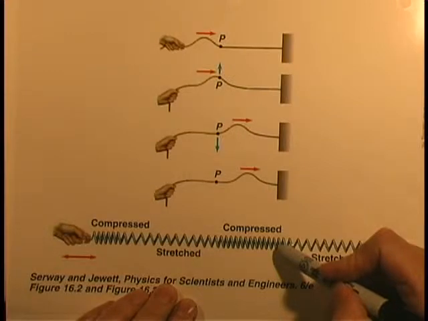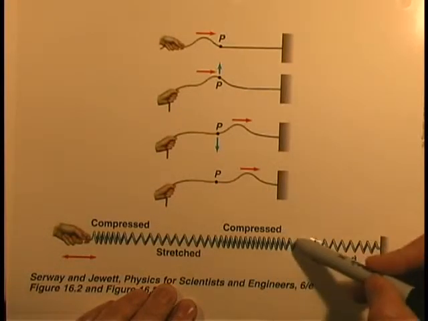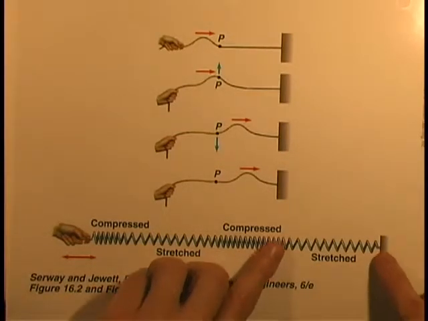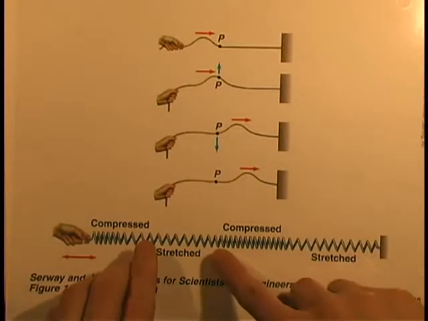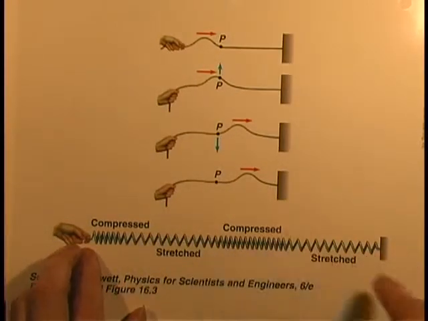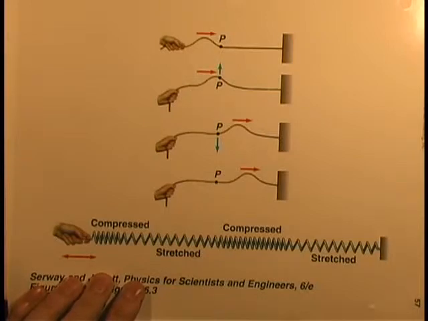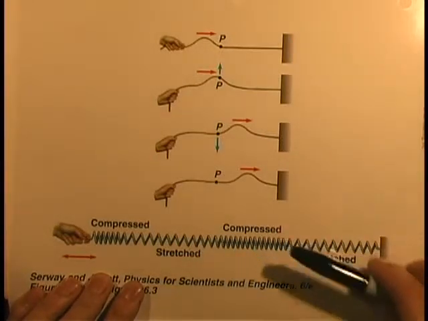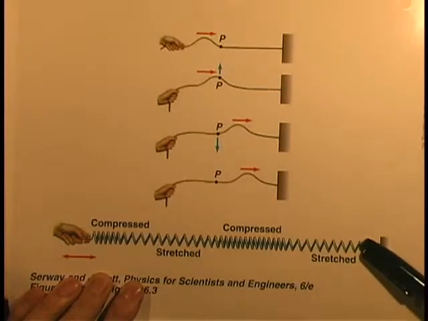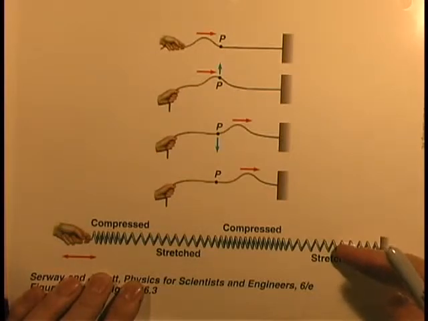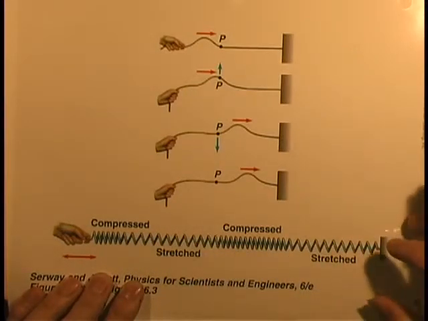This acts like a particle in a medium, and it goes back and forth, causing part of the spring to get compressed, and this part of the spring to get stretched, and this part is stretched, this part is compressed, and so on, due to the different movement of each segment. Since each segment this time moves horizontally, while the wave propagates down the spring also horizontally, the moving direction of the medium particle and the propagation direction of the wave this time lie on the same line, and this particular situation is what's called a longitudinal wave.